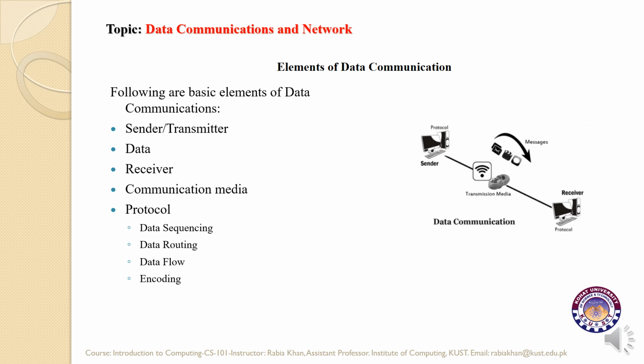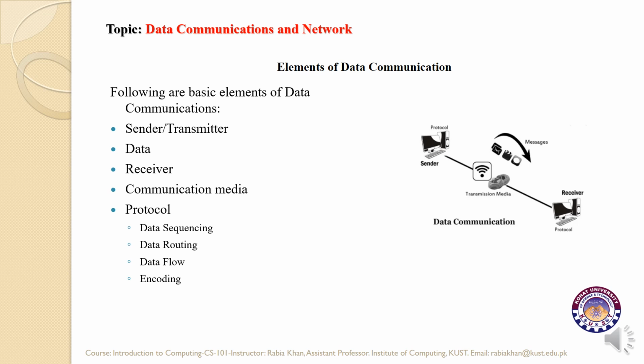Computers work with binary numbers, as you all know. They store all types of data in the form of binary digits. Data is converted to binary form before it is stored in the computer. So the process of converting data into binary form is known as data encoding. So these are some of the functions of protocol. There are many more others as well.